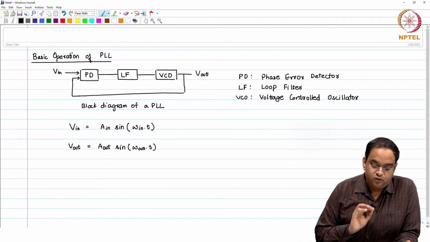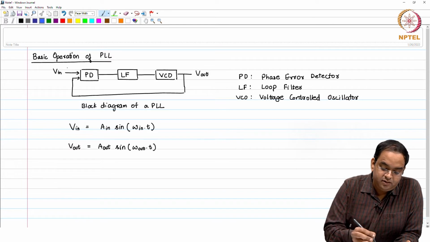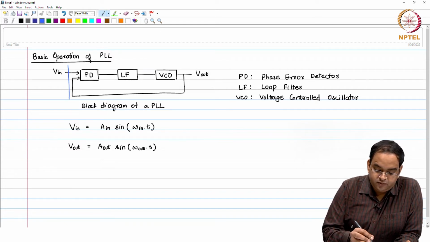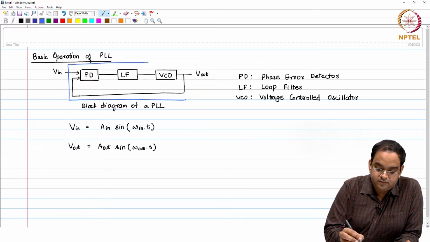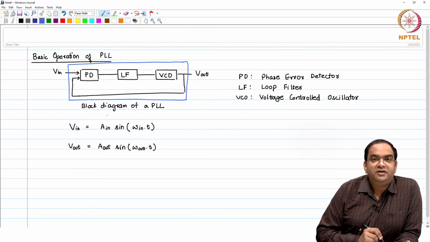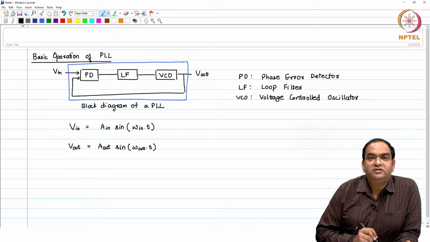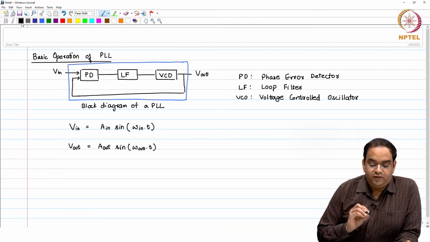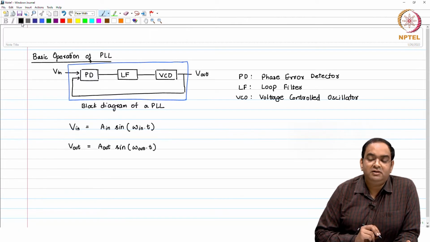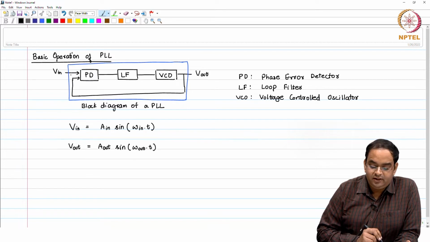We feed this PLL block a sinusoidal signal at the input V in, and we get a sinusoidal output V out. For now, we will restrict ourselves to sinusoidal signals at the input and the output.